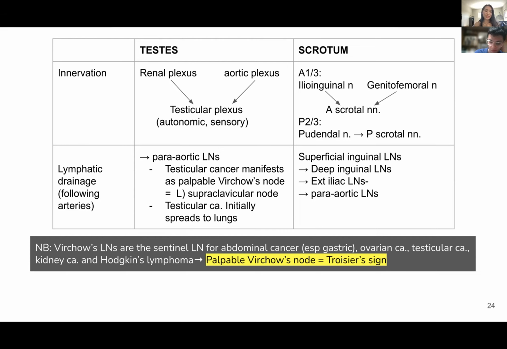That's Troisier's sign. Usually you would feel for it in the left supraclavicular node, and if it is palpable, that could indicate cancer, because usually gastric cancer will go there and enlarge the lymph node. That's all due to the fact that it flows to the para-aortic lymph nodes and affects that lymph node first. So that's why it's a sentinel lymph node.